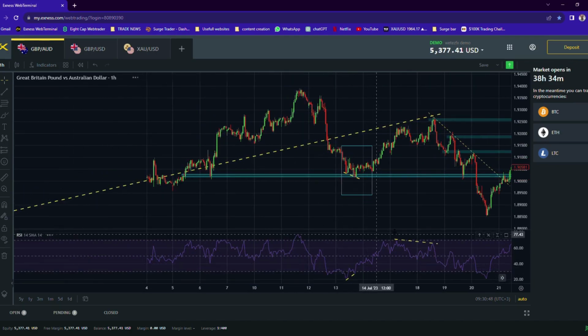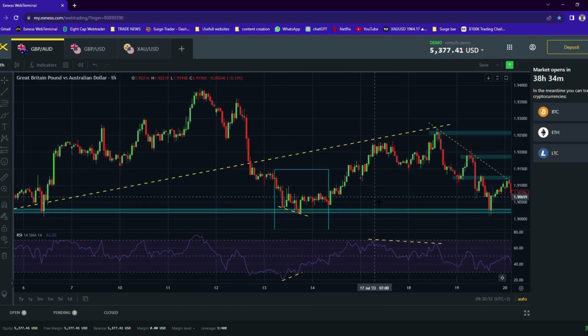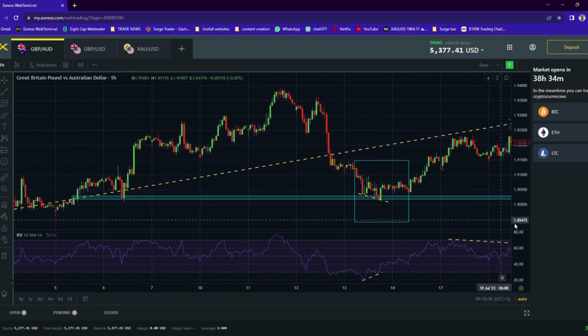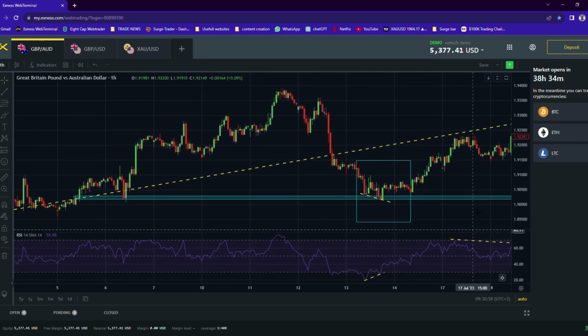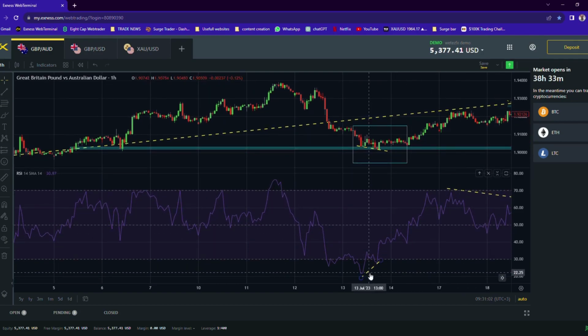Depending on your technical analysis and your indicator, this will help you figure out where the market is going. Now if you look down here, let me expand the RSI. You can see that the RSI is indicating that the currency is gaining some strength, at exactly this candle.